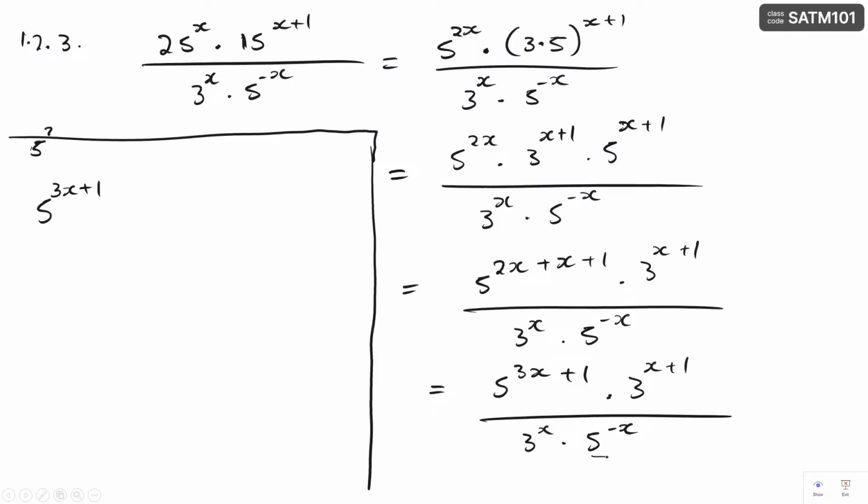Then remember, when we are trying to eliminate the quotient or the division, we are simply going to subtract the exponents, so minus negative x, right? And then for 3, it's going to be 3 to the power x plus 1, then for this one it's going to be just minus x. So okay, give me a few minutes. Let me check the laptop.